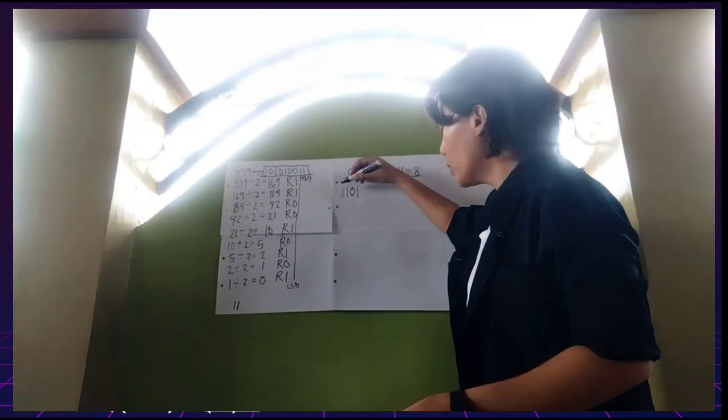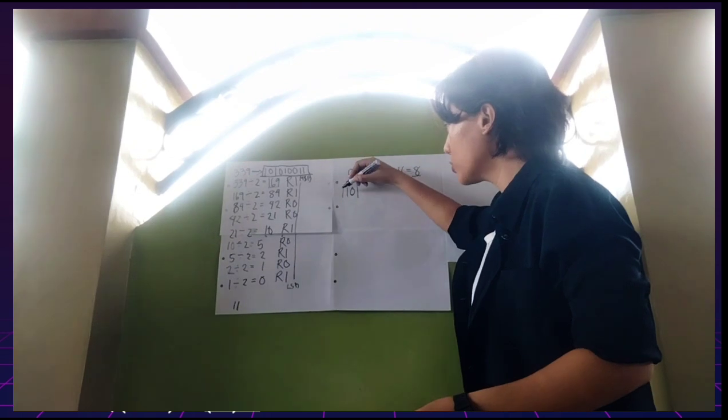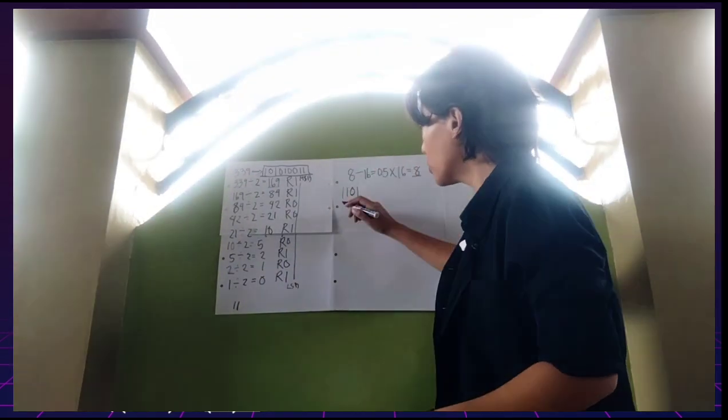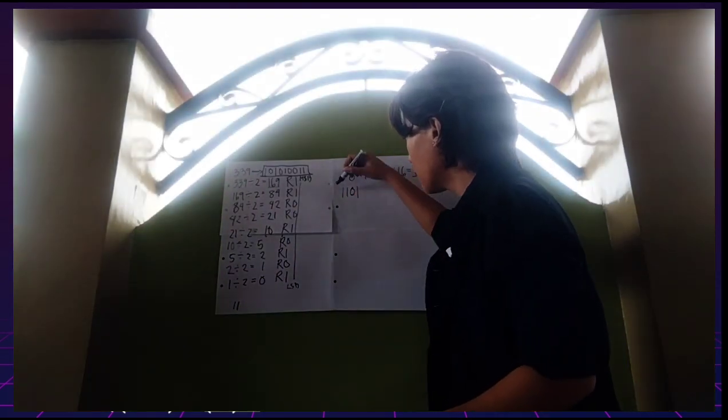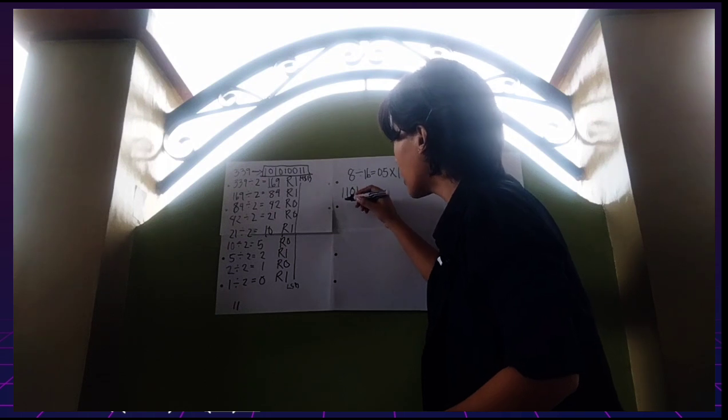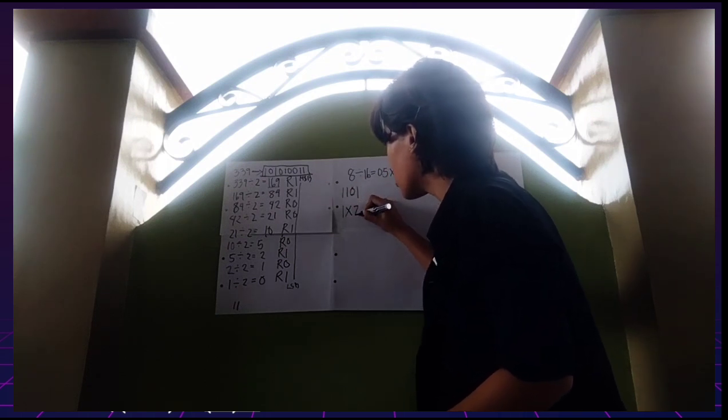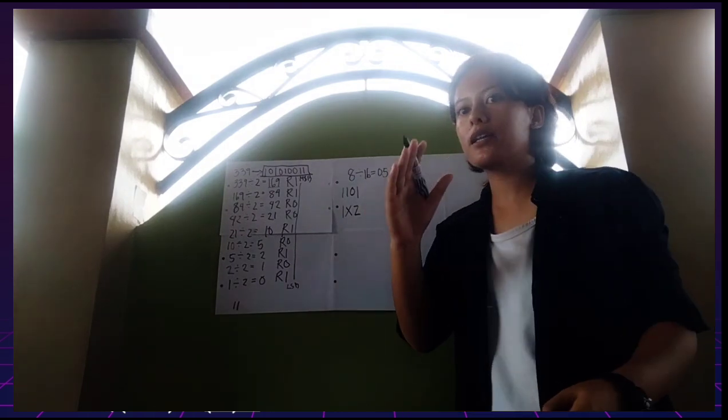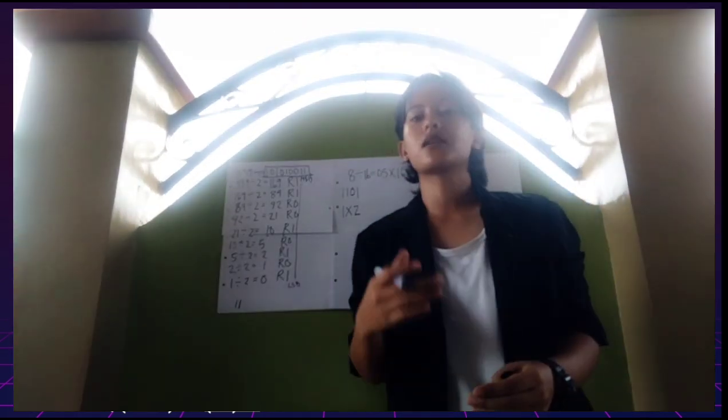In order to solve this, we need to multiply the first digit, which is 1, with the base, which is 2, because the base of the binary is 2.